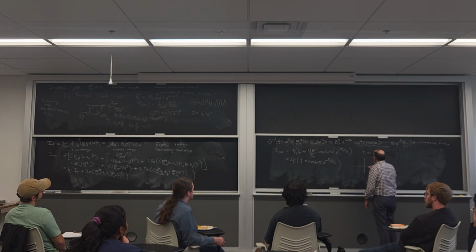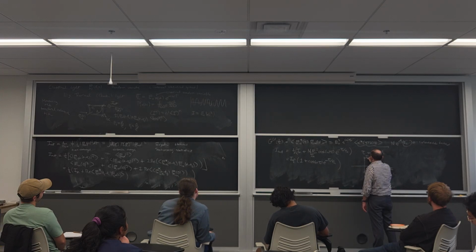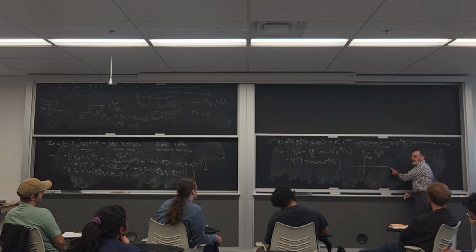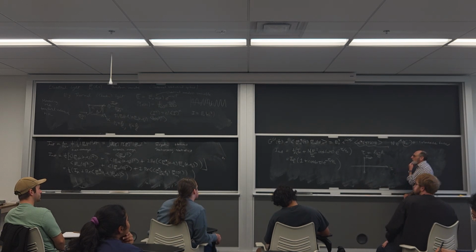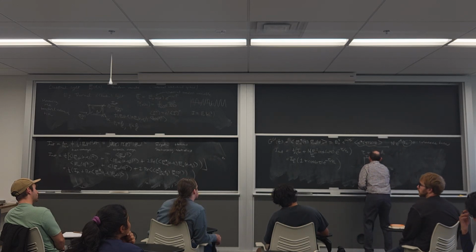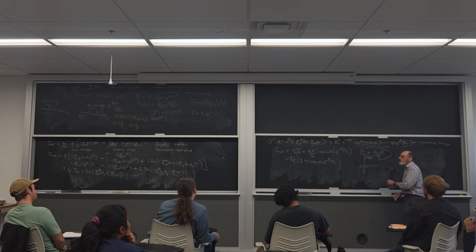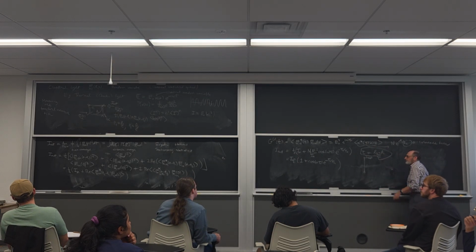Right, so at this point I have, if my tau is this, okay? Tau is the path length difference in time units.